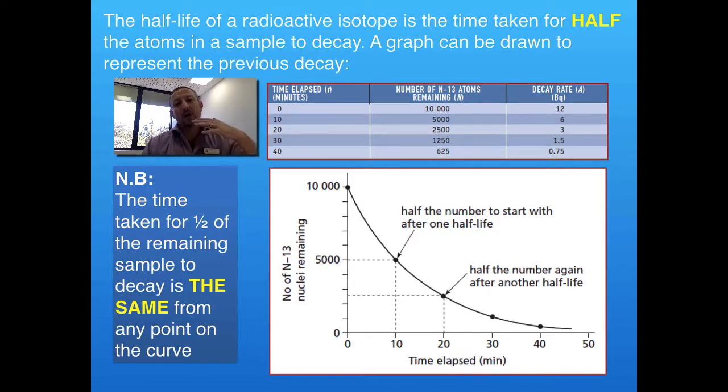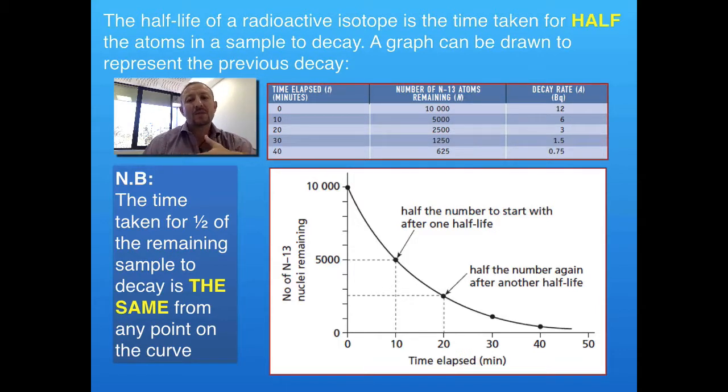We've gone from 12 to 6 to 3 to 1.5 to 0.75. And what we get is this inverse curve, which has been generated. This inverse curve is basically our half-life curve.